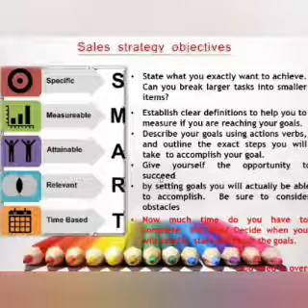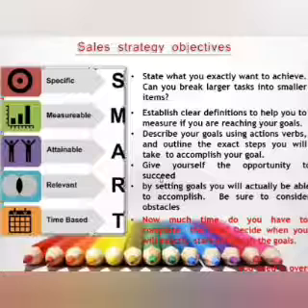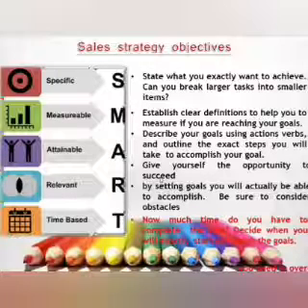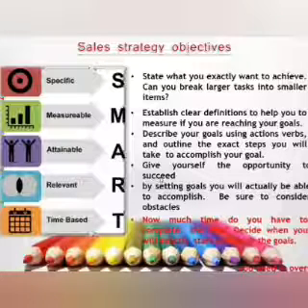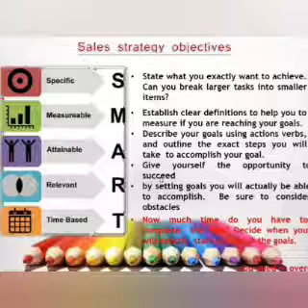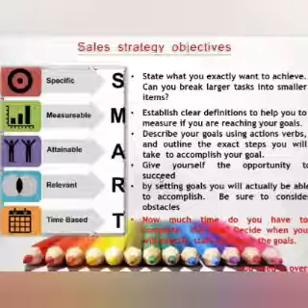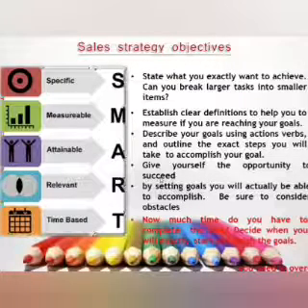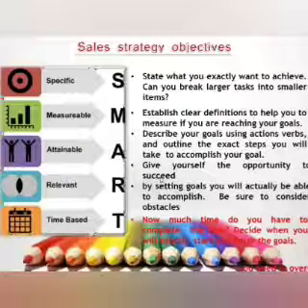Then there should be some relevance. Relevant is required. By setting a goal, you will actually be able to accomplish it. Be sure to consider obstacles. Yes, you should be relevant in your business. You should know how to achieve those particular targets. You should know the reality, the condition, the atmosphere, the weather of your city, the rules of your city, the government norms of your city.